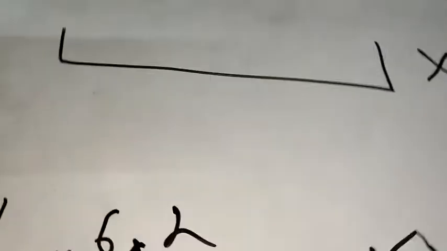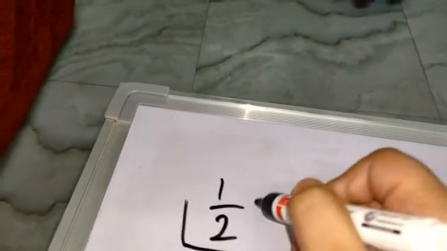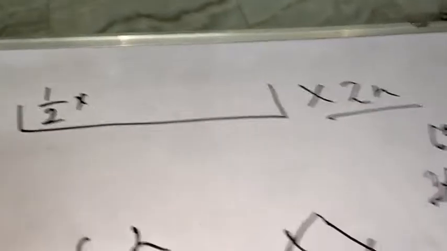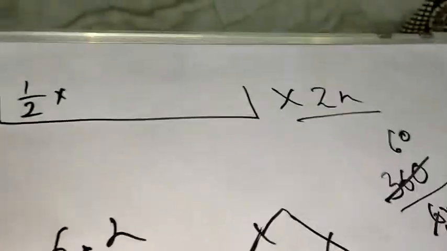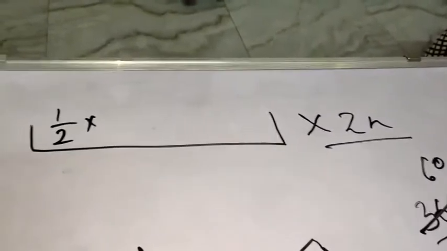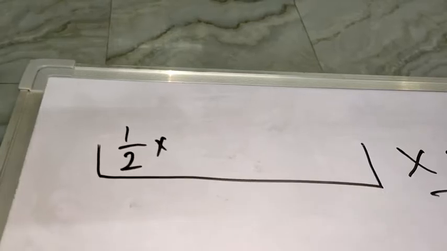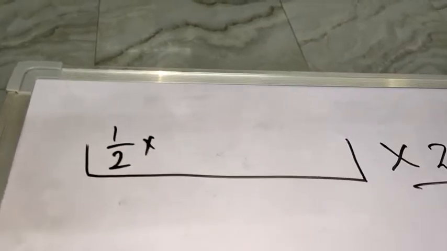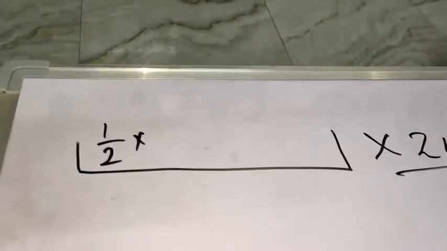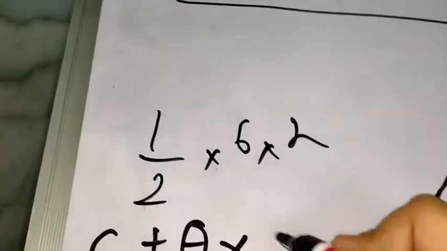So we'll write it here as half into cot theta into p squared. And what is p squared?